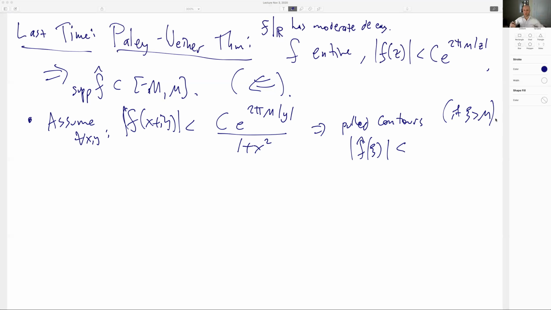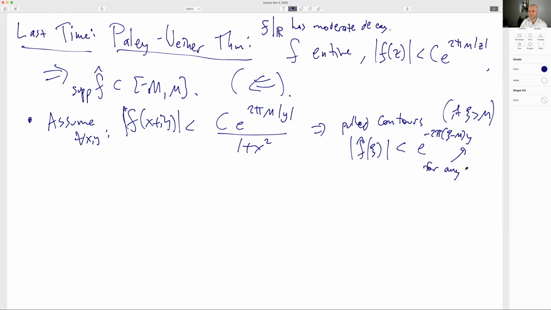I'm just reminding you the global picture. So this is bounded by e to the minus 2 pi, xi minus m, y. And that's true for any y.